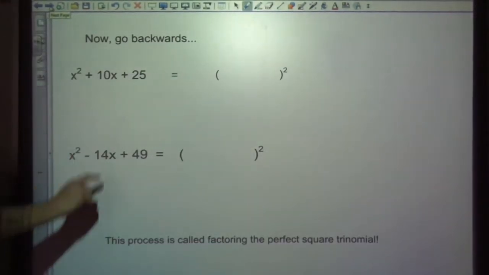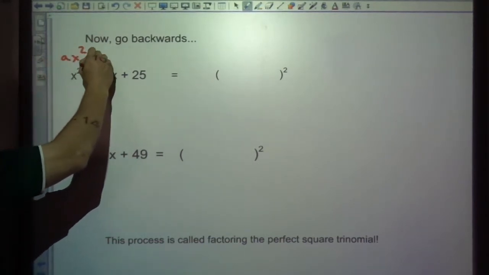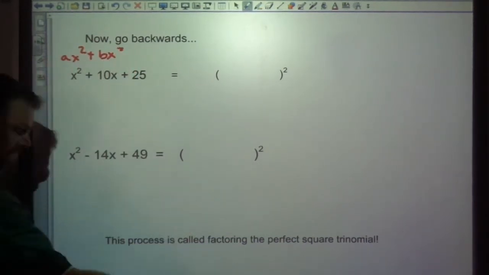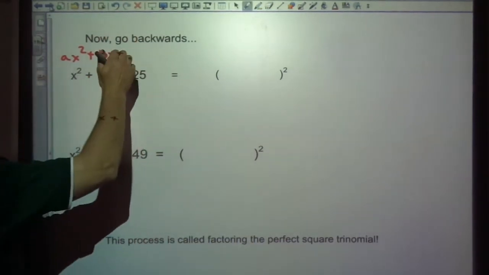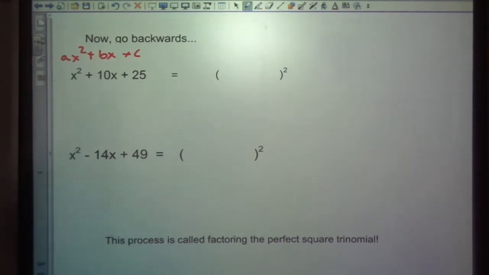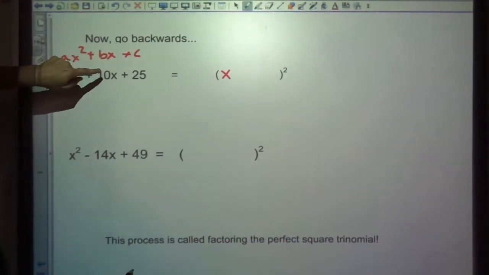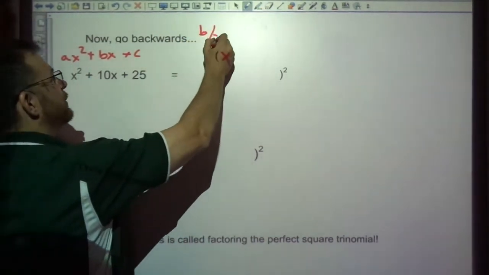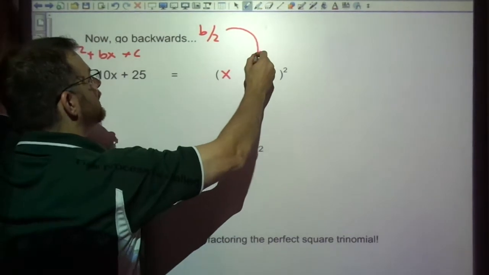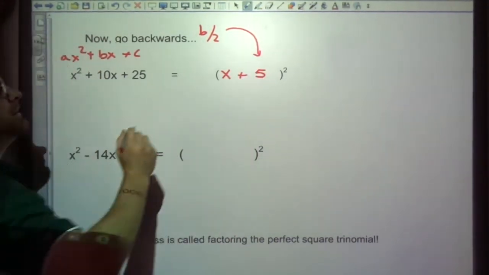Now we're going to go the other way. Let's say we started with this perfect square trinomial in the form ax squared plus bx plus c. From what we just did, you should be able to figure out that the x goes here, and then half of this middle term, or we could say b over 2, goes here. And since this is positive, it's going to be 5.